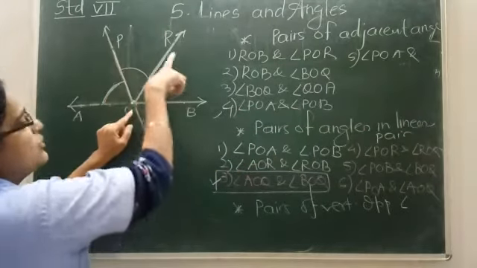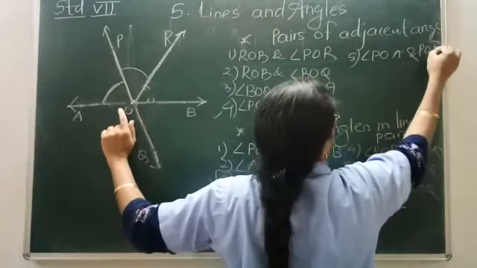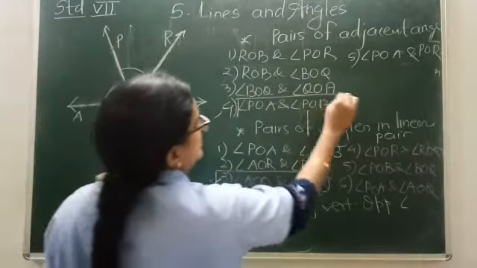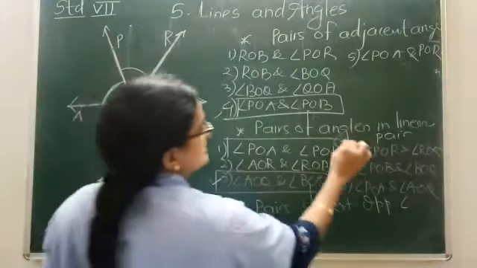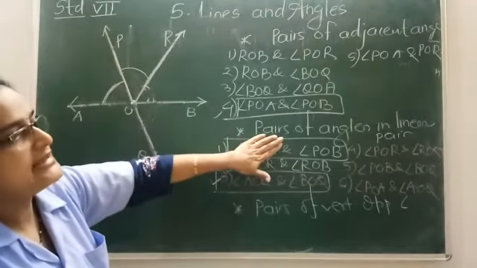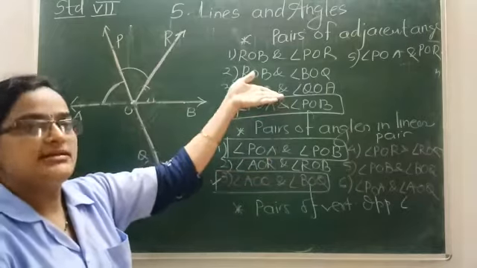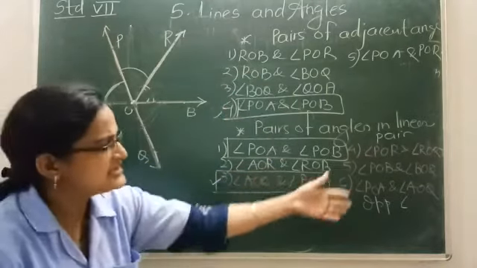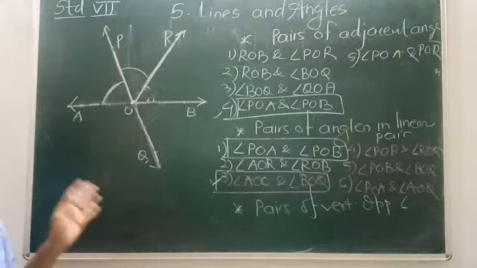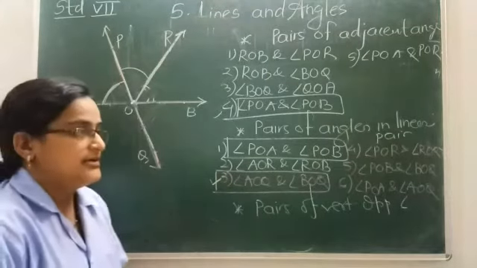POA and POR I want to see. Now see once more, POA and POB. You can see this over here also. So these are the angles in linear pair. They can also be supplementary. All these pairs you can find here, you can add them over here. Is that clear, the difference between adjacent angles and linear paired angles?